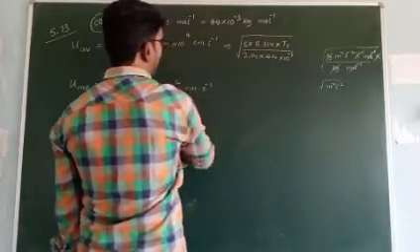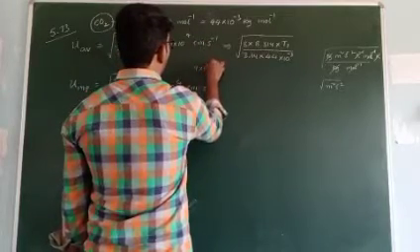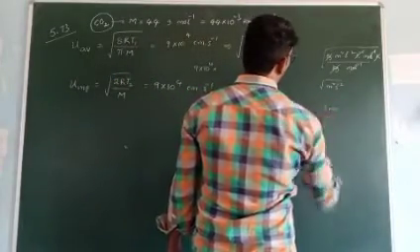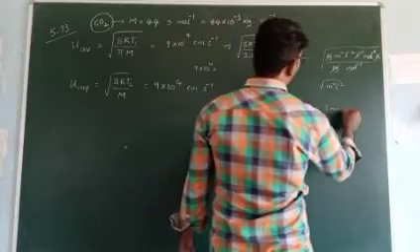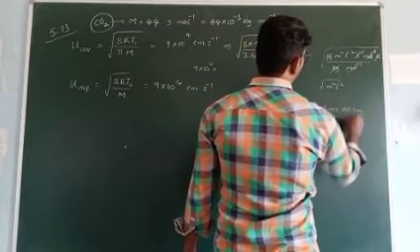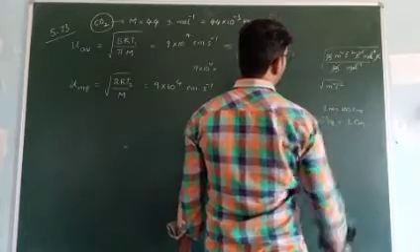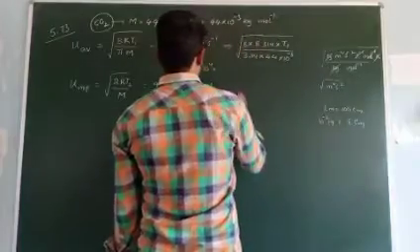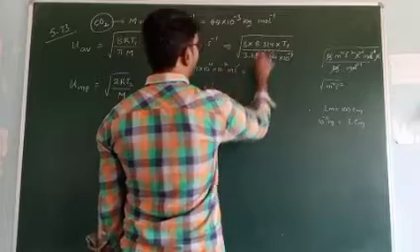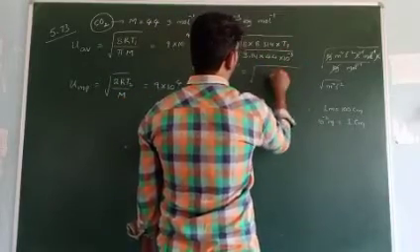Very simple. 9 into 10 to the power of 4 into 1 meter equals 100 centimeters. Then 1 centimeter equals 10 to the power of minus 2 meters. So into 10 to the power of minus 2 meters per second equals this value. Write this value.